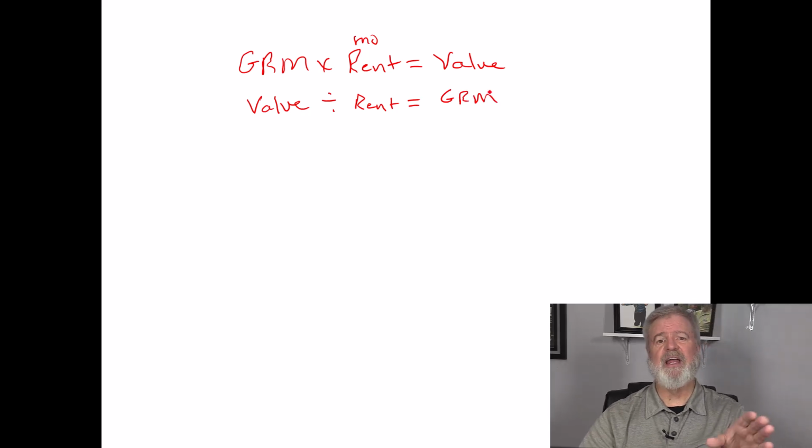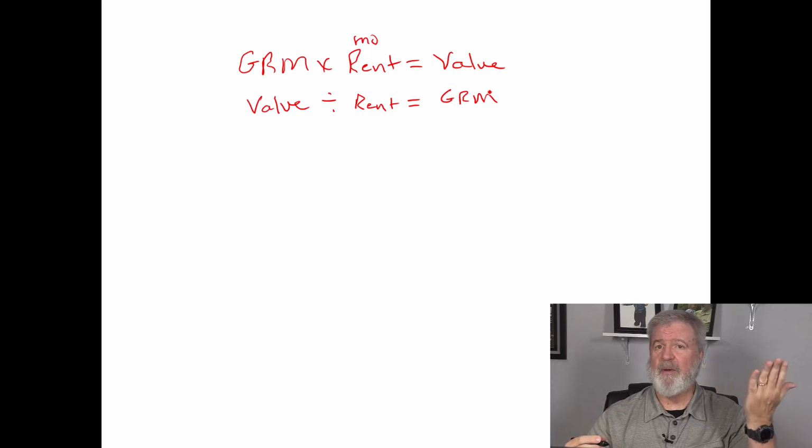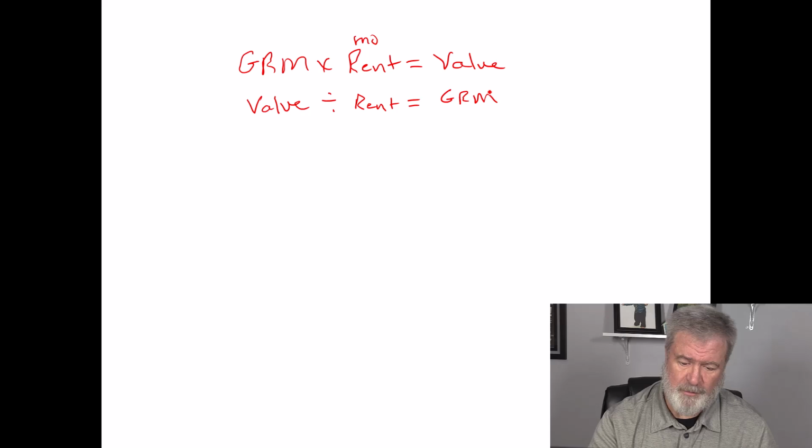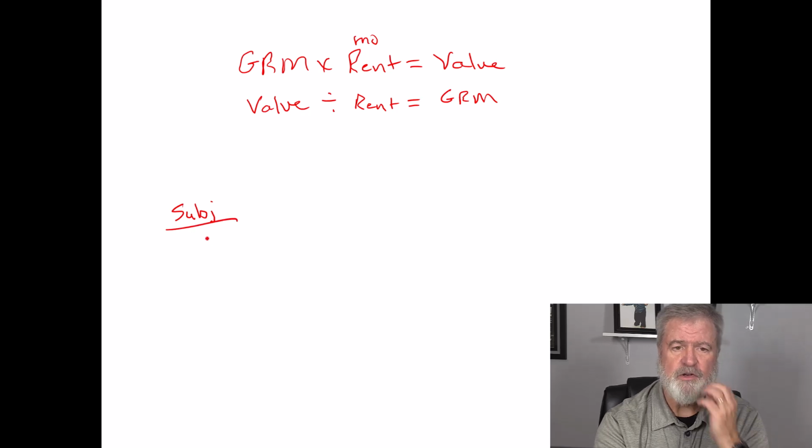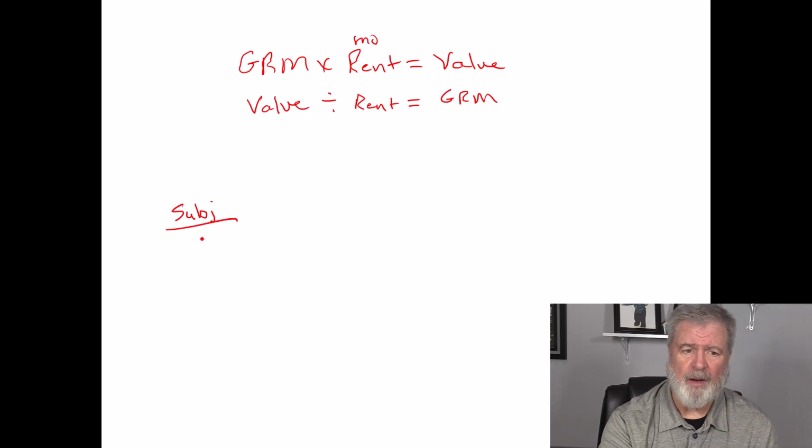So now typically I don't write that part on my scratch paper if I'm taking the test, just because I memorized the formula. But the way I'll set it up is this, because I know that they're going to give me this information. I know they're going to give me a subject property that I'm trying to figure out the value for. And I know there's 3 things I need to know about that property, right?